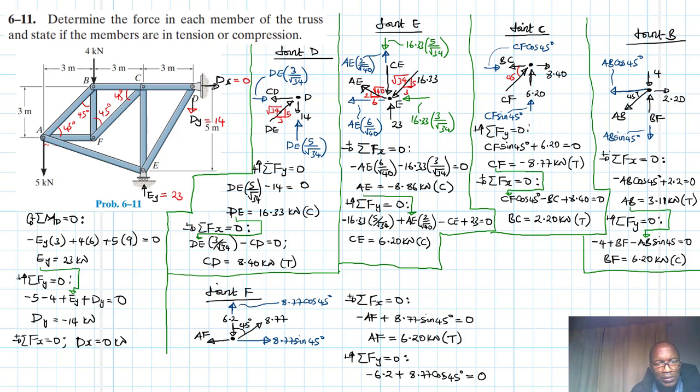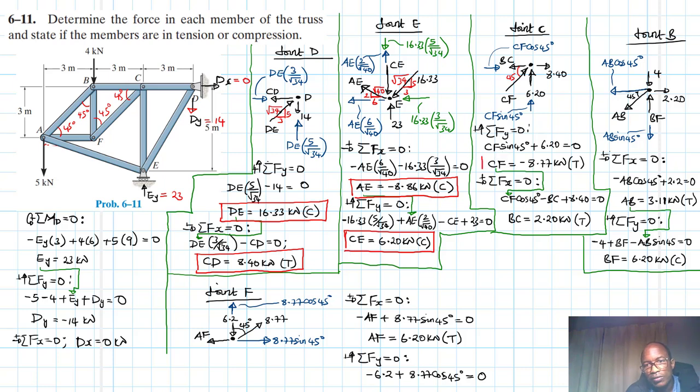So let's outline the final solutions. We have DE, which is in compression. We have CD, which is in tension. We have AE, which is in compression. We have CE, which is in compression.